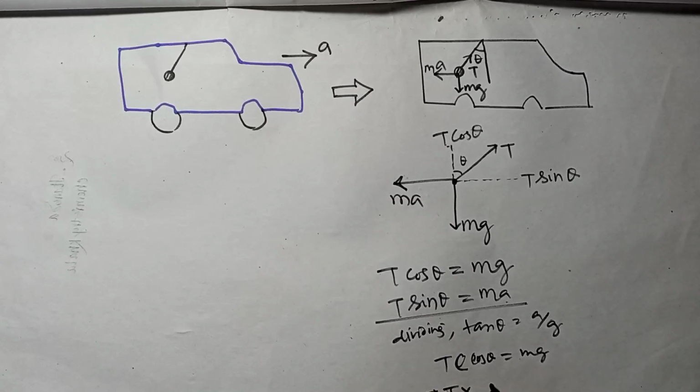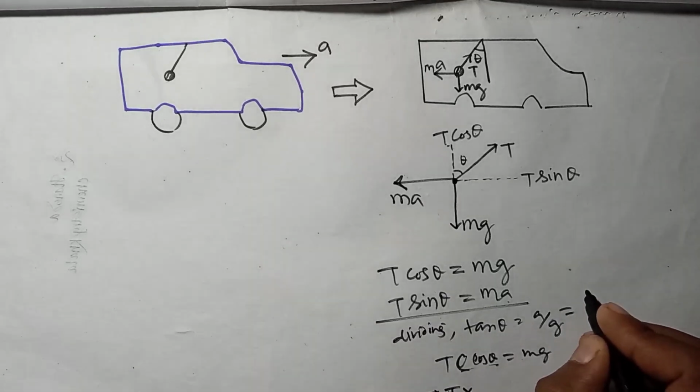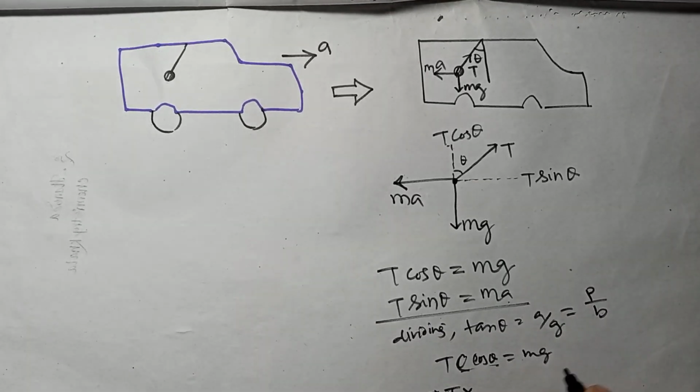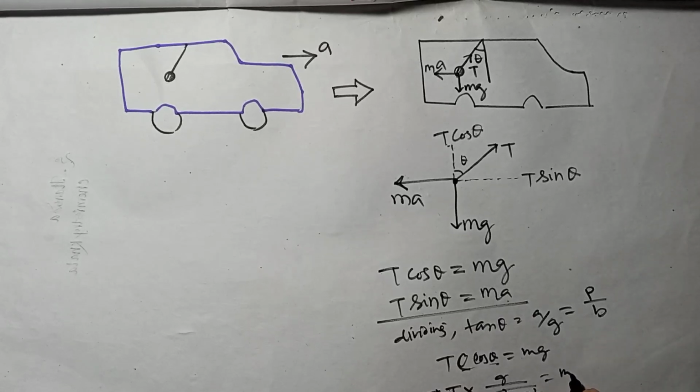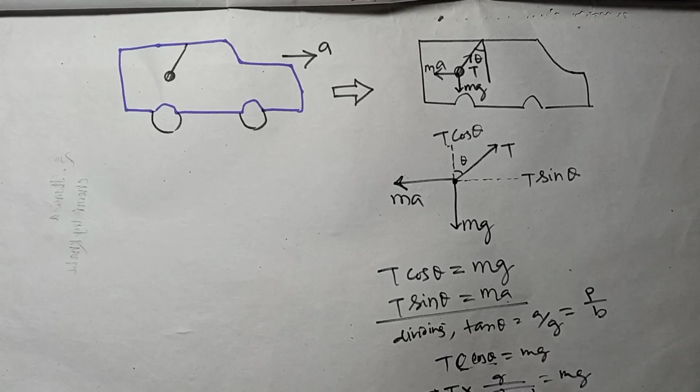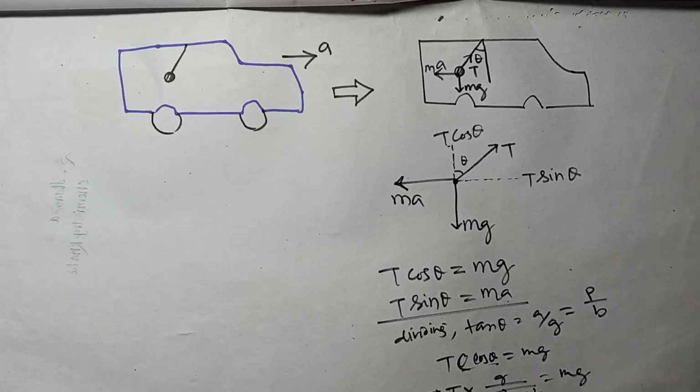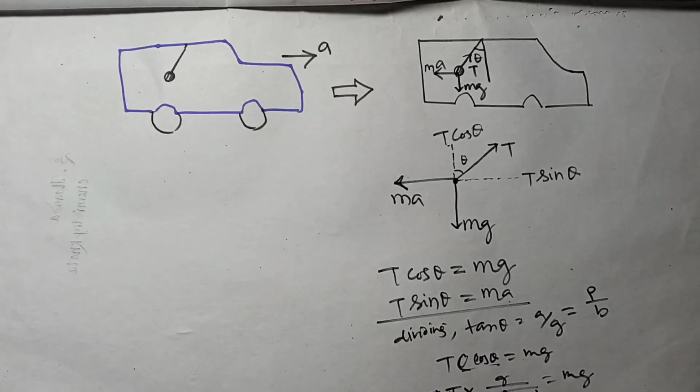Let's say tan theta is p upon b, so cos theta will be b by root over p square plus b square, so it will be g by root over a square plus g square. From this we can find T at equilibrium to be m into root over a square plus g square.